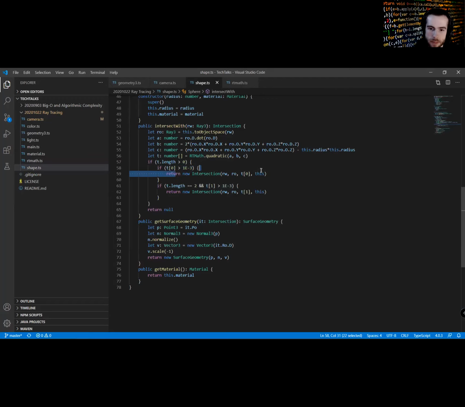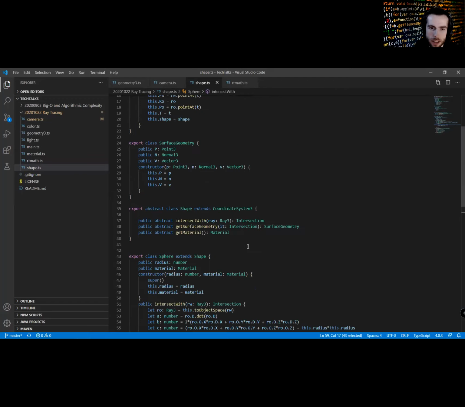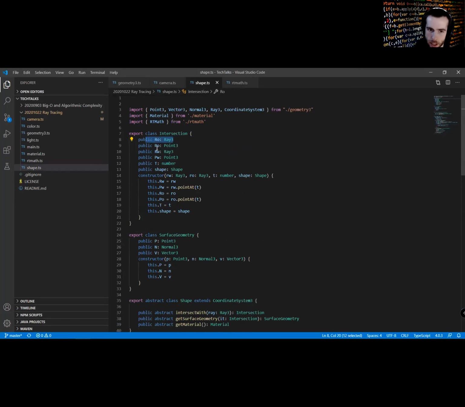And I have this intersection object, which basically has the ray in object space, the point of intersection in object space, the ray in world space, the point of intersection in world space, t, the point along the ray where it intersected the shape, and then the shape that it intersected.